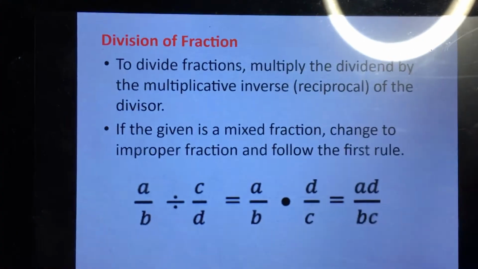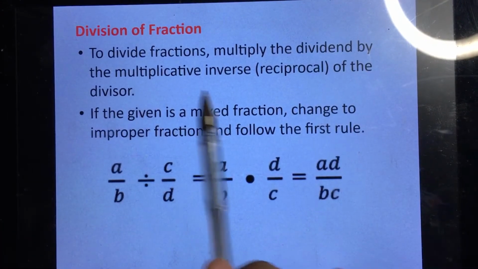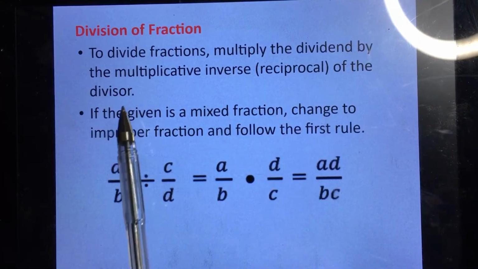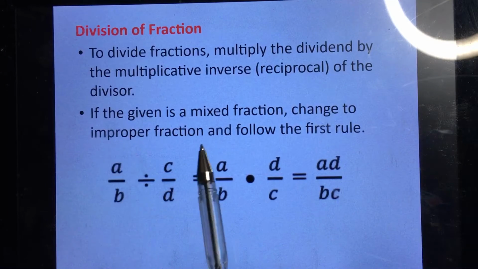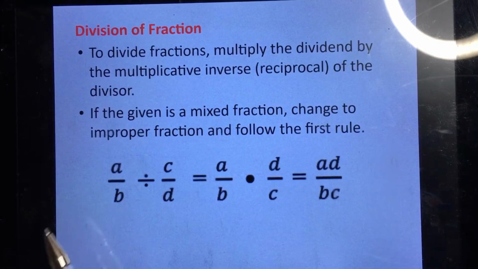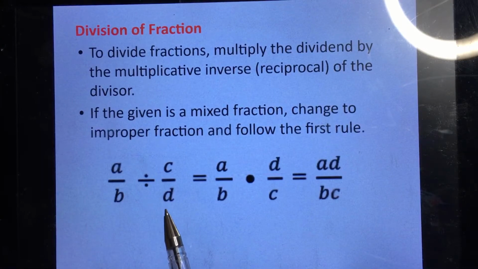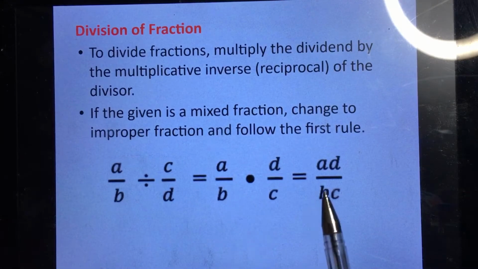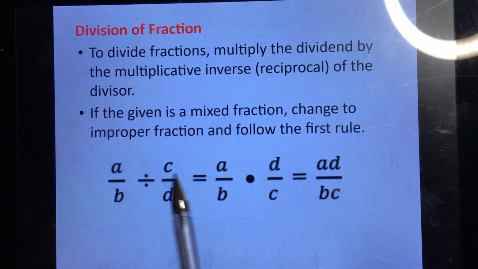Next, let's proceed to the division of fractions. To divide fractions, multiply the dividend by the multiplicative inverse, or the reciprocal, of the divisor. If the given is a mixed fraction, change it to an improper fraction and follow the first rule. Look at this example: A/B divided by C/D. When we divide, we use the reciprocal.